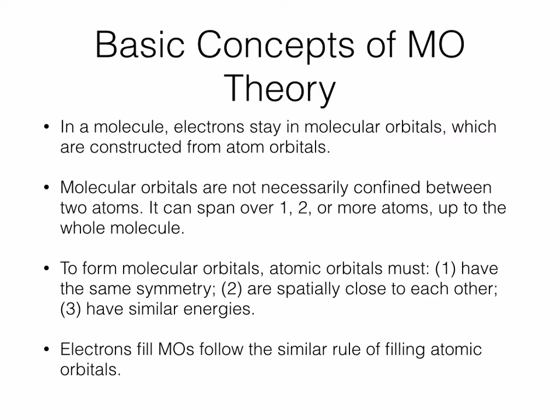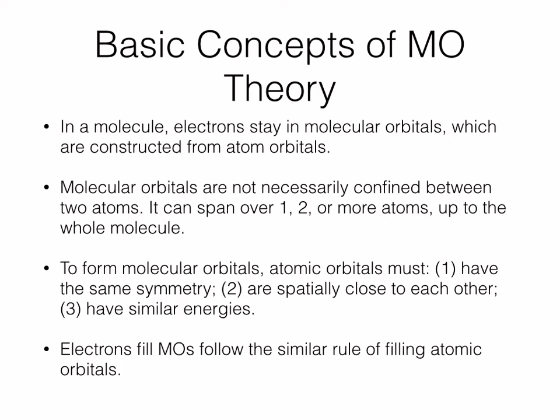Now, in a Lewis dot structure, the idea of a bond is localized, meaning that when there's a bond, it is formed by electron sharing of two atoms. What that means is the bond is localized between two atoms.